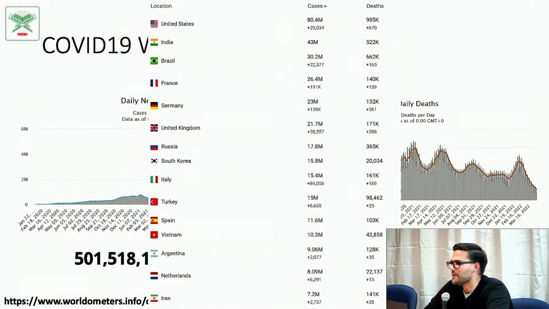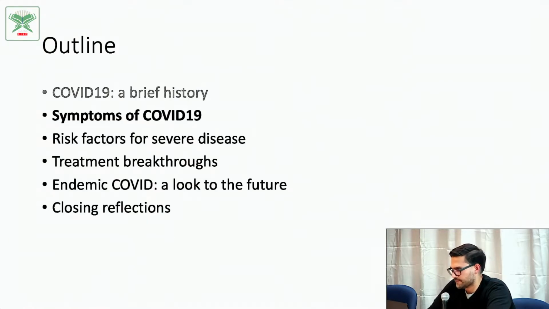And unfortunately, with COVID, we're also number one, with 80 million cases, 985,000 deaths on this figure. But if you look at that list of the top 15 countries, it also includes India and Iran. So even if you're American or you've immigrated to this country, you have family back in the Middle East or somewhere in South Asia, this has clearly affected every one of us in some way or the other.